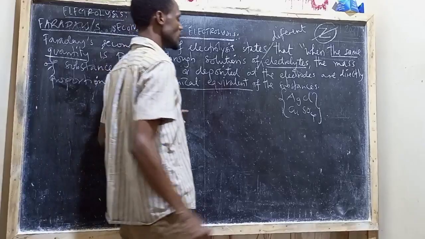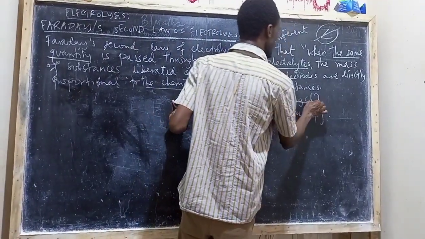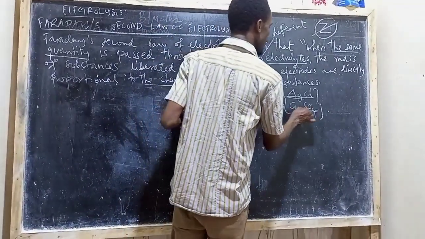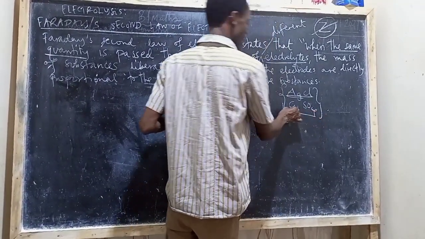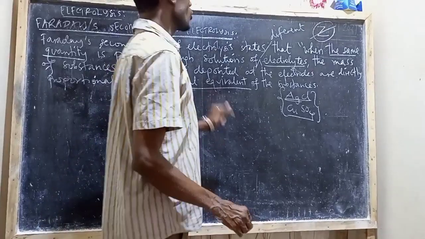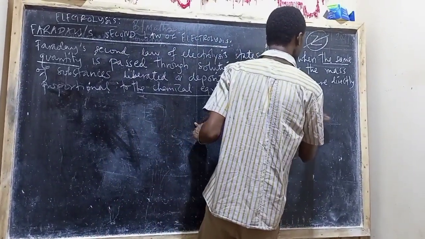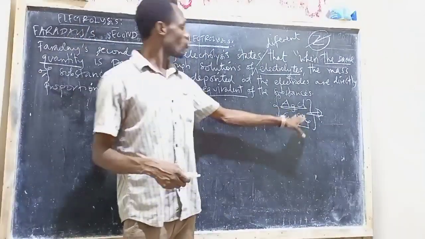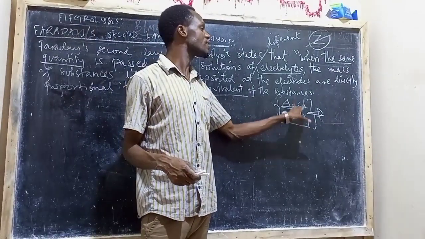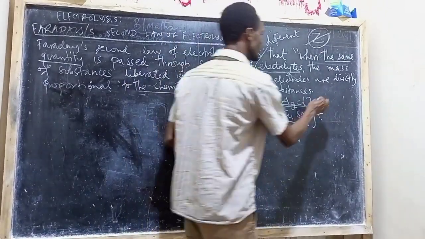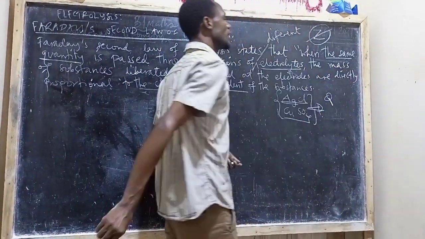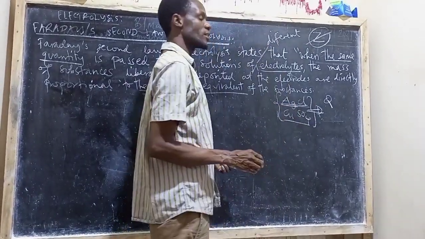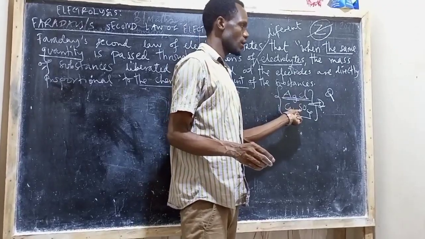We may use the silver chloride to deposit the silver, and also we may use copper sulfate to deposit the copper. But the quantity of electricity that is passed here is the same. It means Q, the quantity of electricity, is constant for every electrolyte. But what is different is the electrolytes.